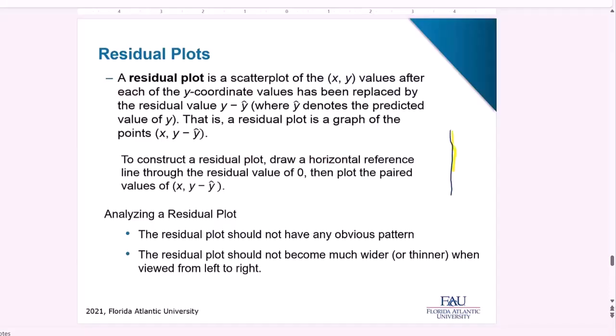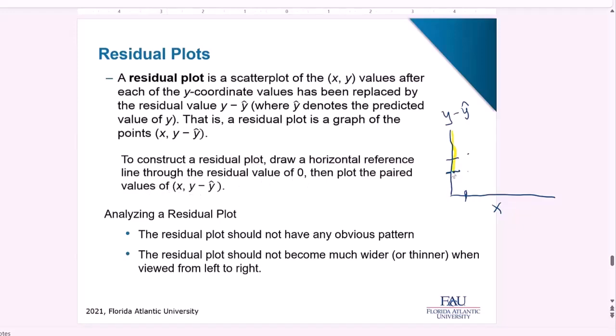This axis here is X, and the y-axis is going to be Y minus Y hat. I'll show you how to do that as well. To construct a residual plot, draw a horizontal reference line through the residual values of 0, then plot the paired values of X, comma, Y minus Y hat.